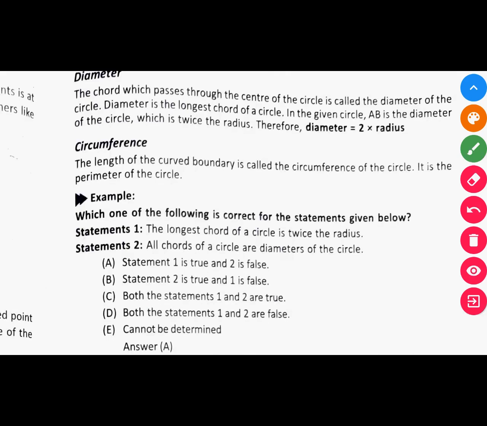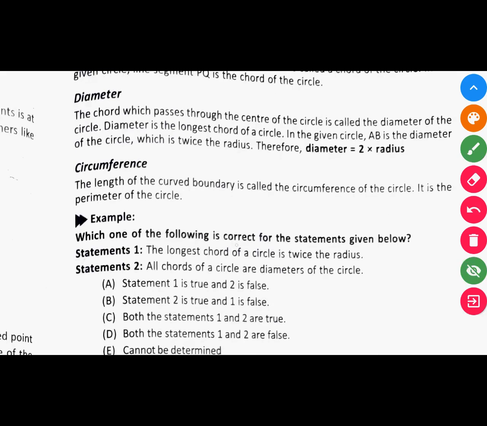Now the question is, which one of the following is correct for the statement given below? The longest chord of the circle is twice the radius. This statement is correct because I just told you the diameter is the largest chord of the circle and it passes through the center, and the diameter is always twice the radius.